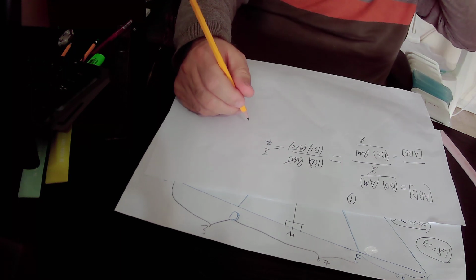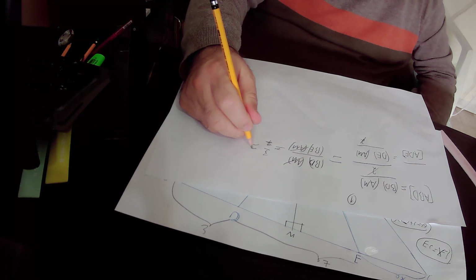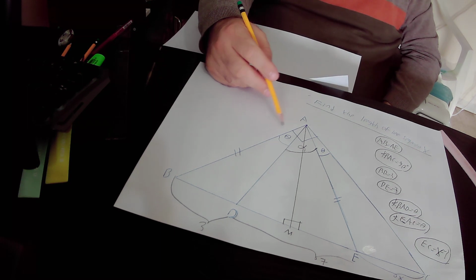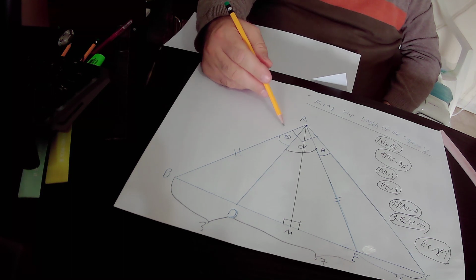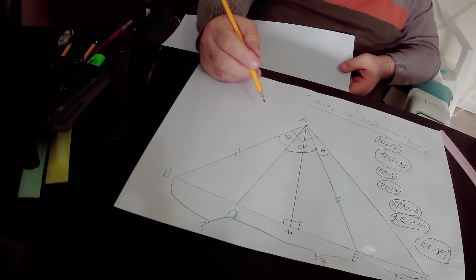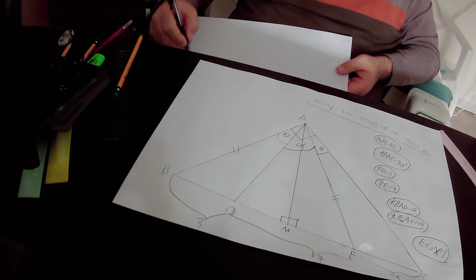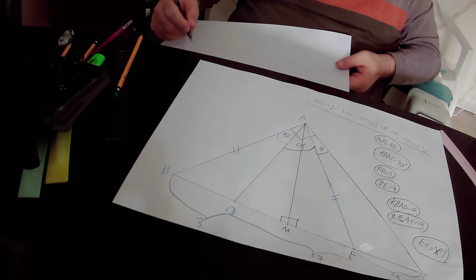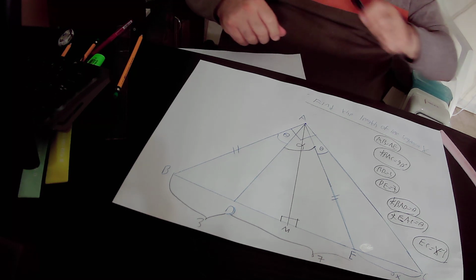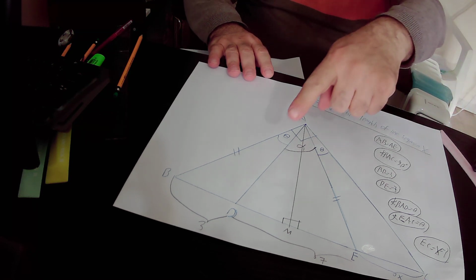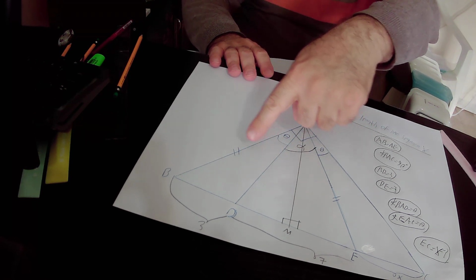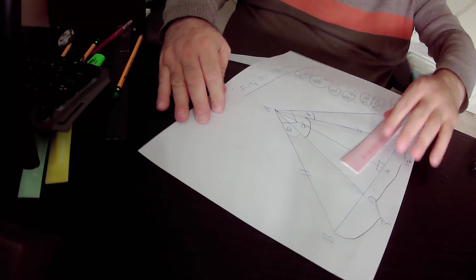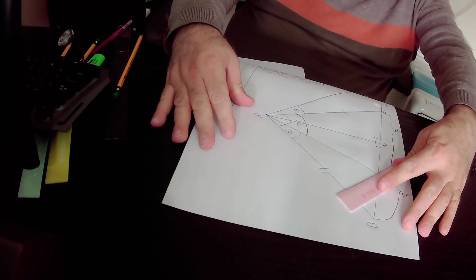But there is another way to calculate the area of triangle ABD. We will use side AB of triangle ABD as the base. So the base is AB, and the height to the base must create 90 degrees with the base. So from point D, we will draw a perpendicular to the base.